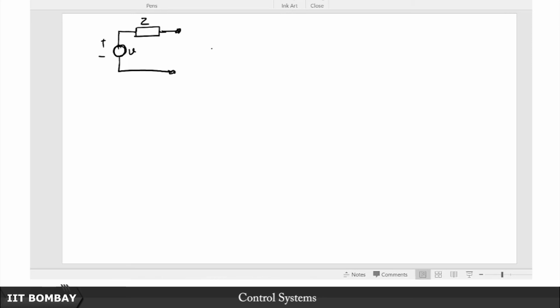If you want to apply KCL to the same circuit, what you generally do is convert it to an equivalent current source like so, which is given by I is equal to V over Z, and you put this same impedance in parallel. Just a refresher of circuit theory basically.